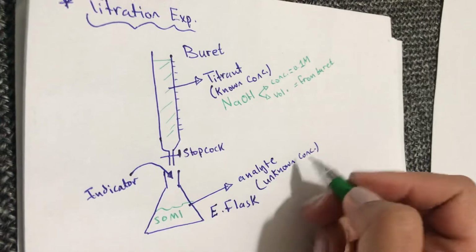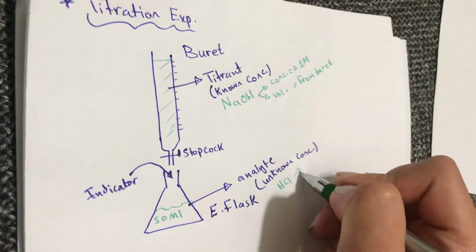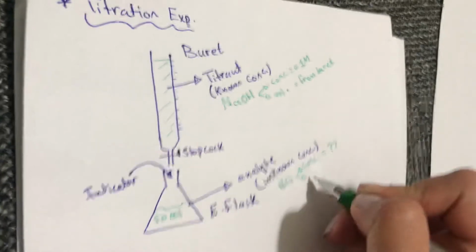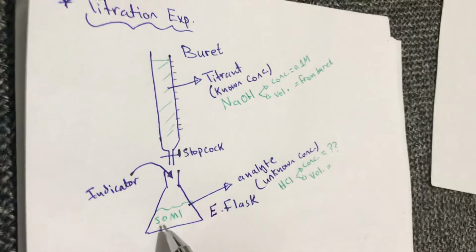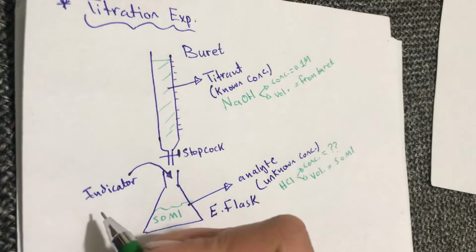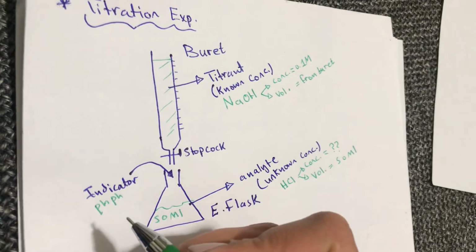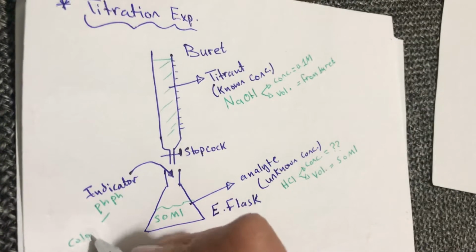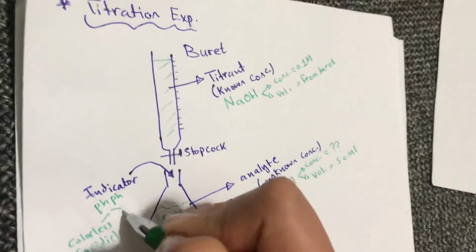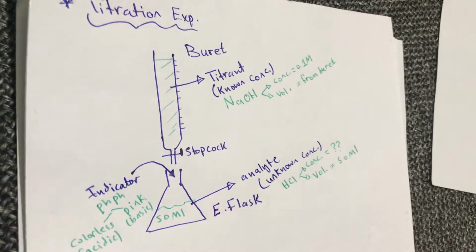You don't know the concentration of HCl, and you have to calculate it. So HCl has unknown concentration, and a known volume, for example 50 ml. And the indicator is, for example, phenolphthalein. Again, it is colorless in acidic solution and pink in basic solution.